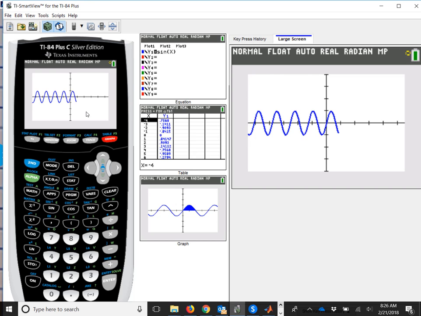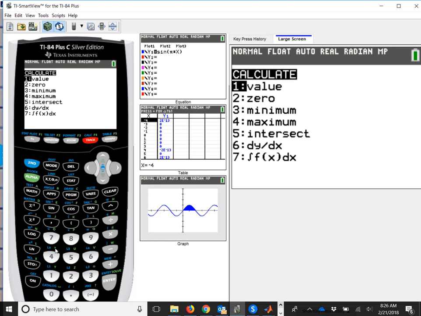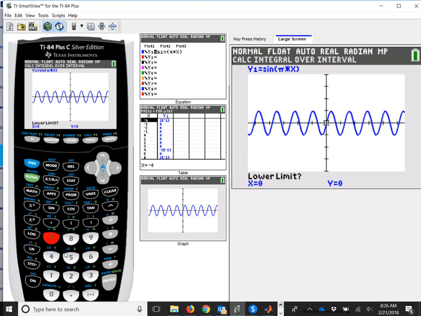So this changes the curve, and now I'm going to compute the area if I integrate choice 7 from 0 to 1. What's it say? 0.6366.